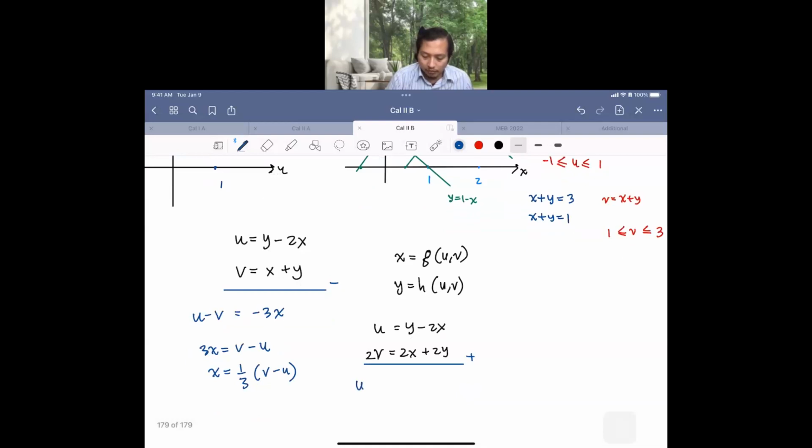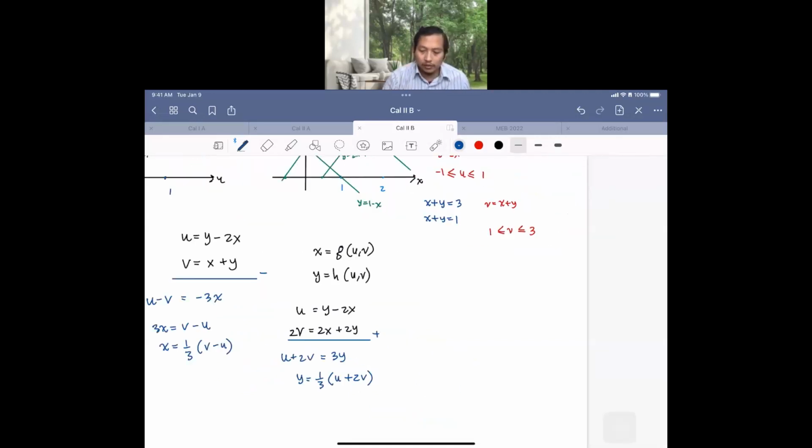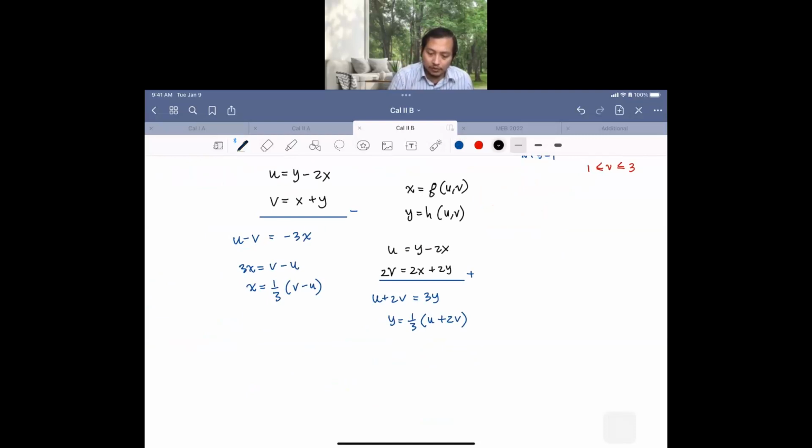So we could add u plus 2 phi is equal to 3y, or y is equal to 1/3 (u plus 2 phi). So one possible transformation we could write here is given by x equals 1/3 (phi minus u) and y equals 1/3 (u plus 2 phi).